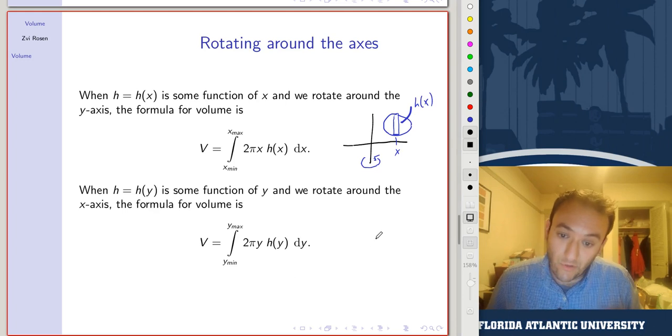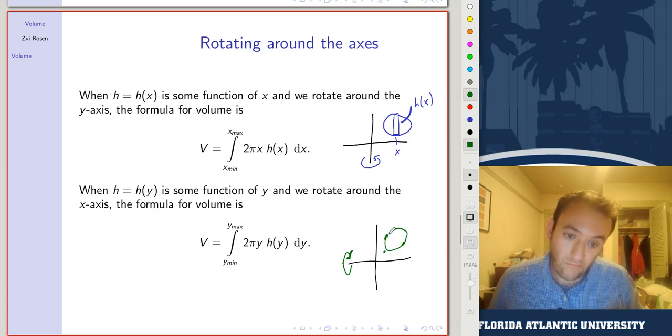Okay. In a similar way, if we're rotating around the x-axis, and we have some region here, we're going to consider h of y, the height of this rectangle, as a function of the y value.